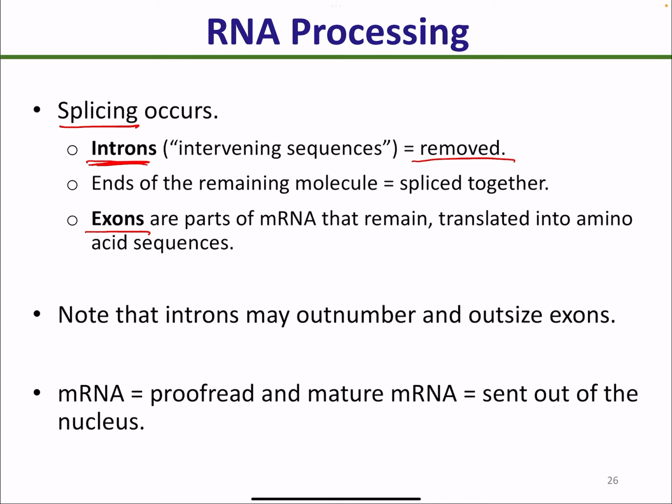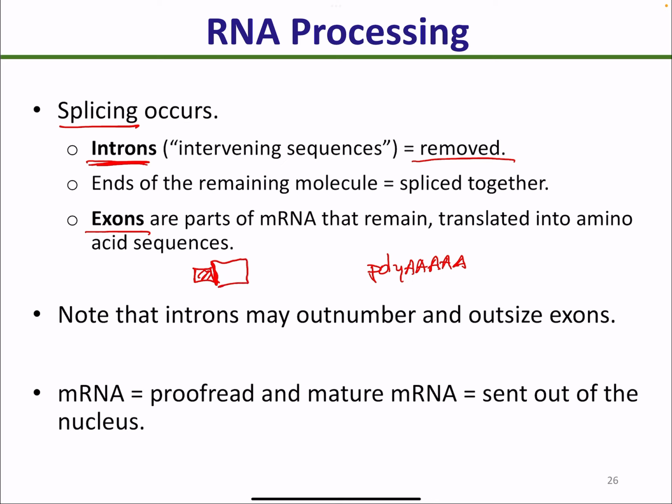So at the end of the day, you have a mature messenger RNA that is going to be made up of only a cap, a poly-A tail, and a bunch of exons.